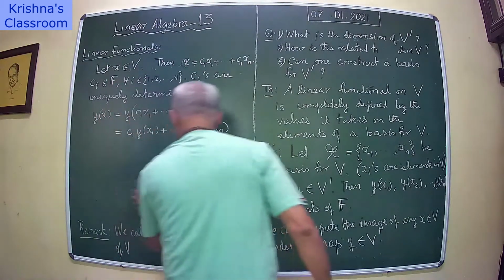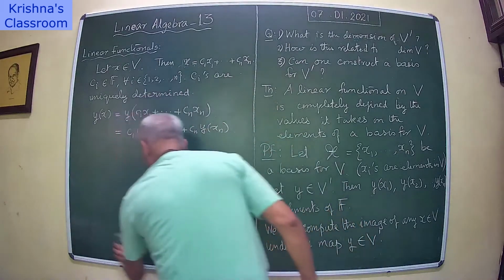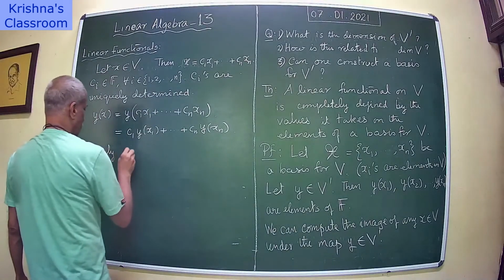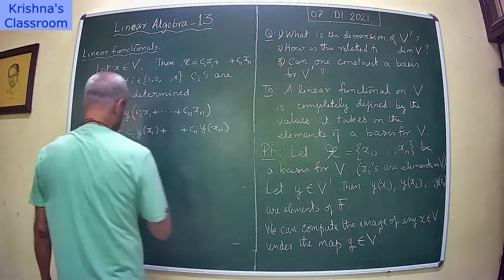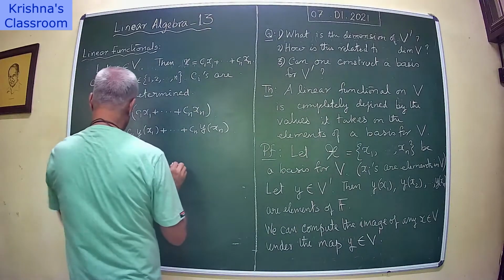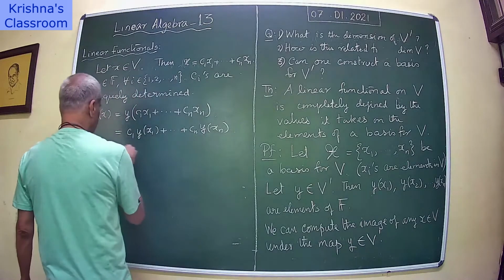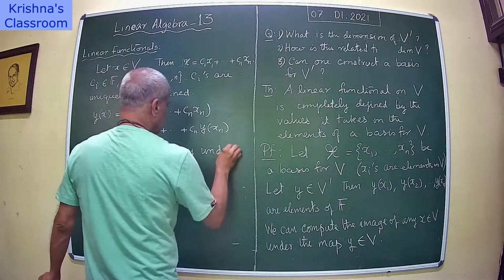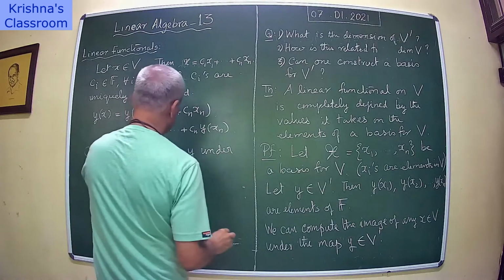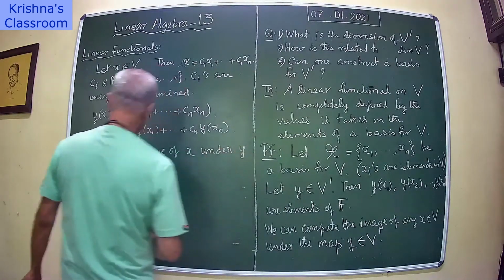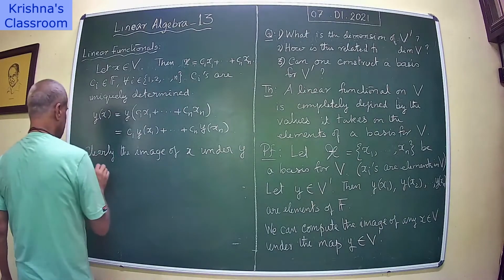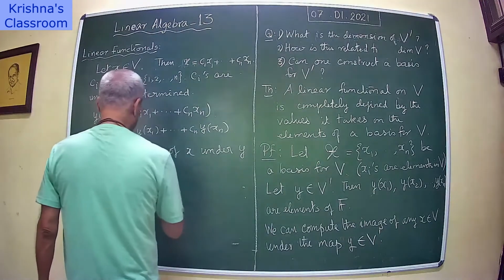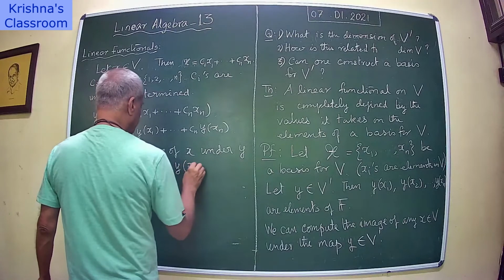Clearly, y is determined if y x1, y x2, up to y xn are known.